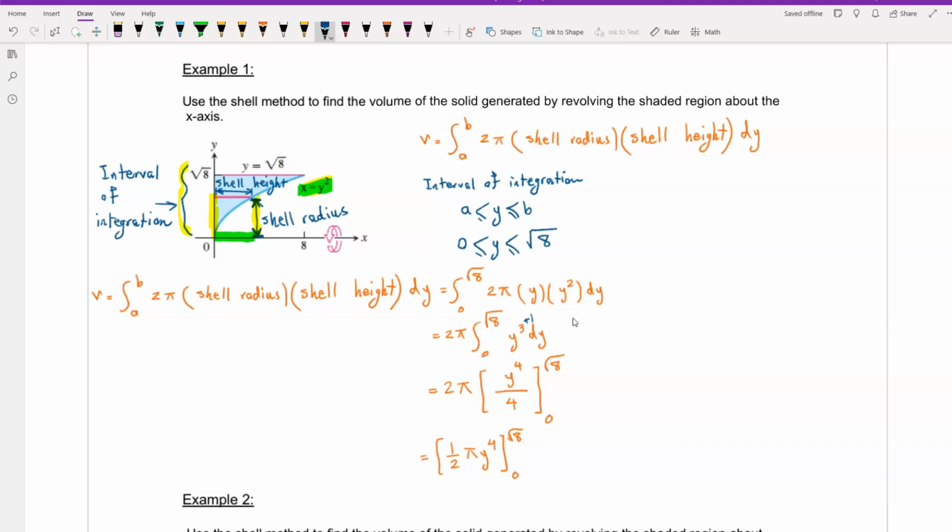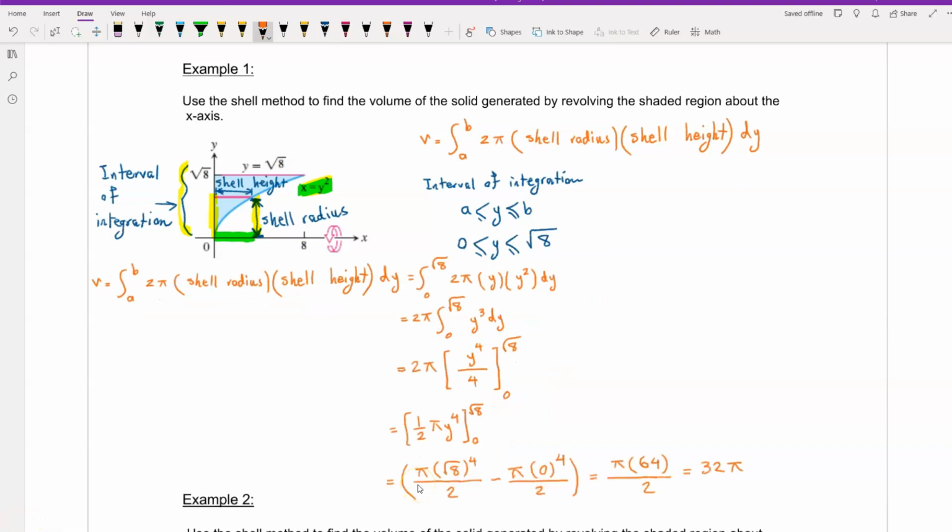So we're going to have 2 pi times y to the 4th power divided by 4, from 0 to square root of 8. I simplified here, 2 divided by 4, so I have 1 over 2 times pi times y to the 4th power, and we have to use 0 and square root of 8 for y.